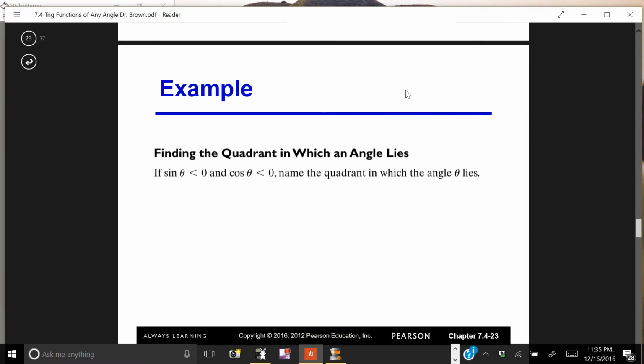Now, let's just test your understanding of the signs of the various trig functions in various quadrants.